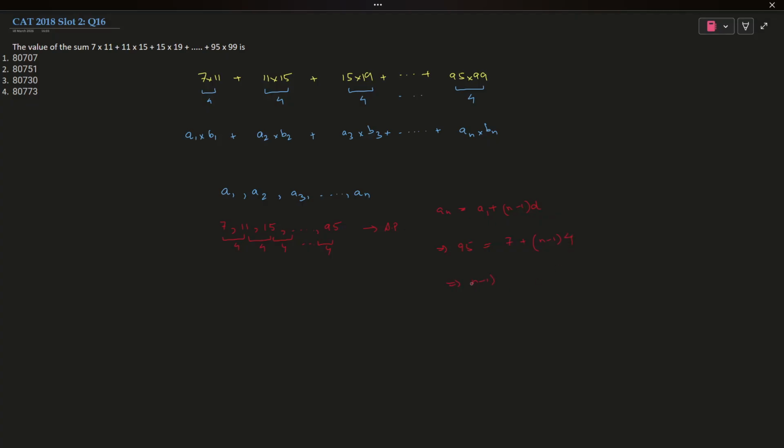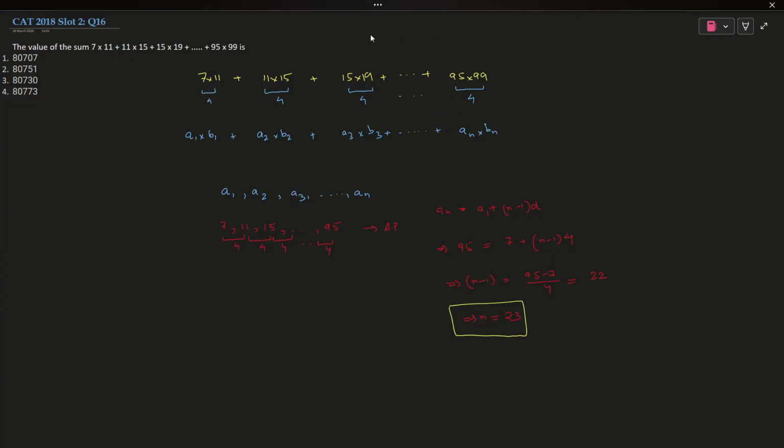So n minus 1 is equal to 95 minus 7 by 4, so 88 by 4 is 22. So n comes out to be 23. That means there are 23 terms in the series.